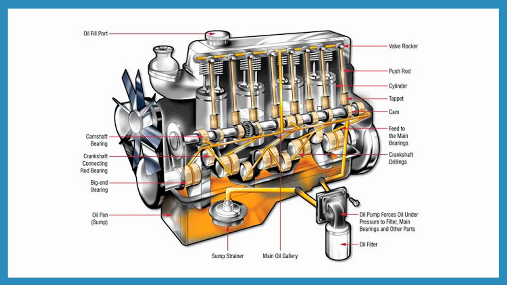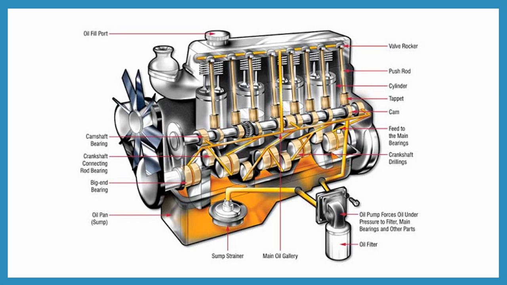In between, it passes to the cylinder also. Tappet here, camshaft zone, then camshaft bearing, crankshaft connecting rod bearing, big end bearing. Here also this one is the crankshaft drilling.